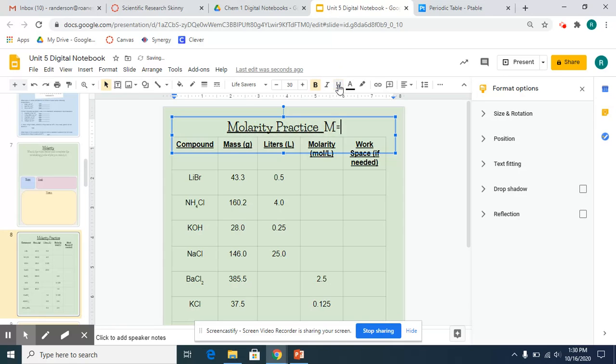Capital M equals moles over liters. Now, I give you grams instead of moles. So you need to change grams to moles in order to do that. And that's why I give you the compound there, because you'll need the molar mass. So if you have questions on how to do that, let me know, and I will be happy to help.